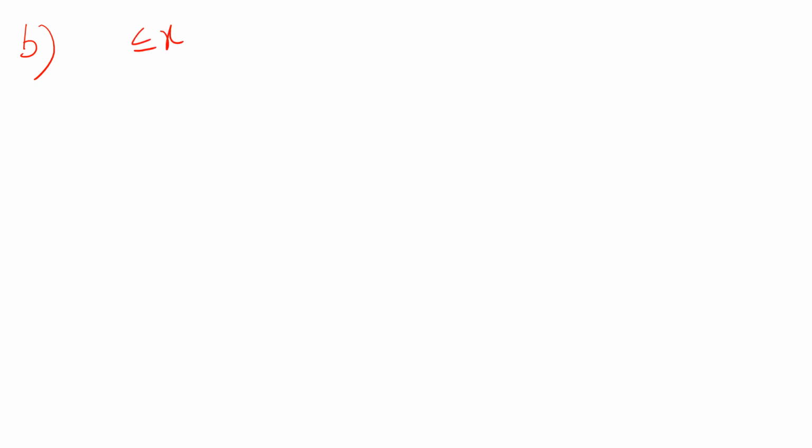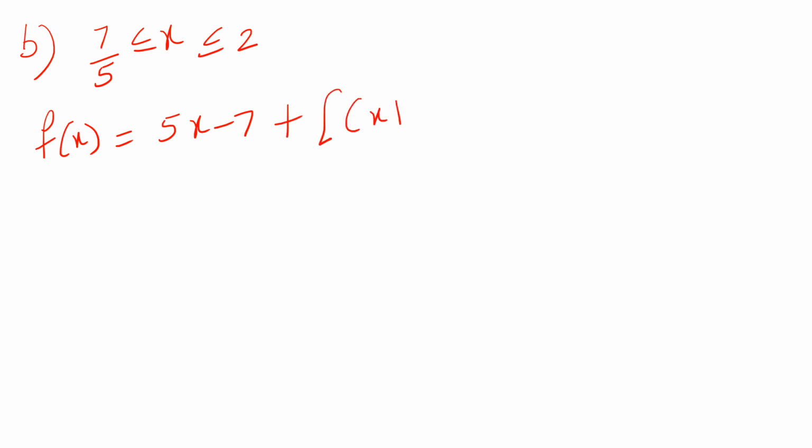When x is greater than or equal to 7/5 and less than or equal to 2. Now for this particular category, f(x) becomes equal to 5x - 7 + [(x + 1)²] - 1. This is equal to 5x - 8 + [(x + 1)²].